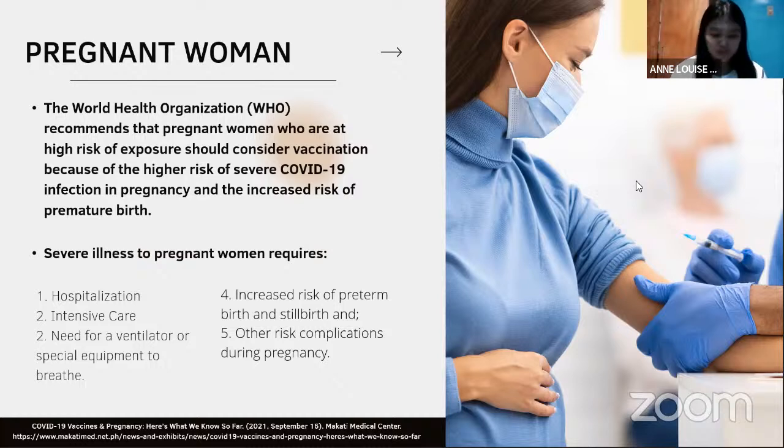But good news: in August 2021, the CDC released new data showing that the currently available COVID-19 vaccines are safe for pregnant people, and on September 29, 2021, issued an urgent health advisory strongly recommending COVID-19 vaccination either before or during pregnancy. So next slide, please.